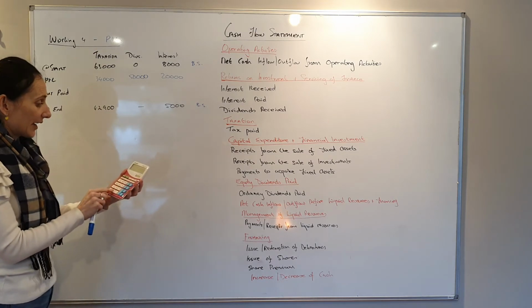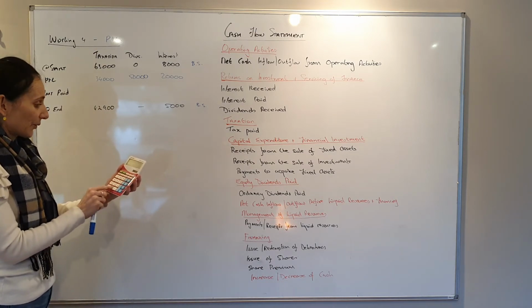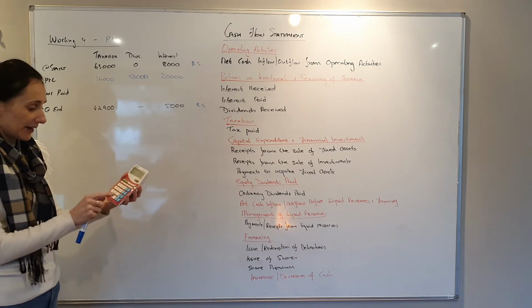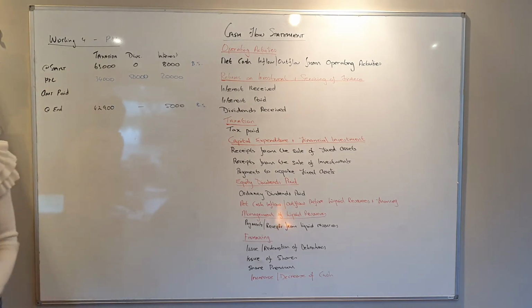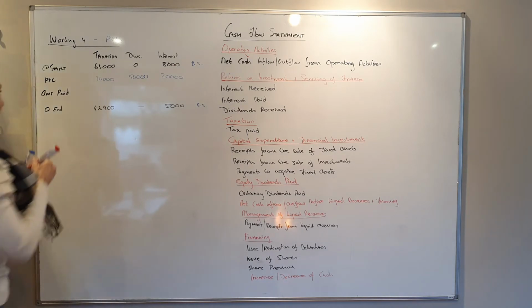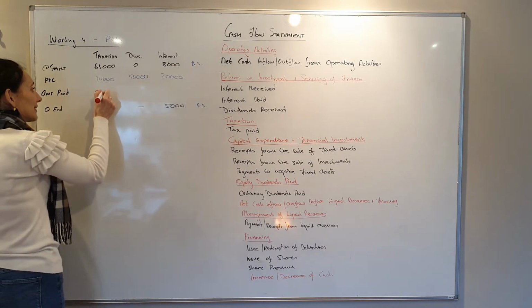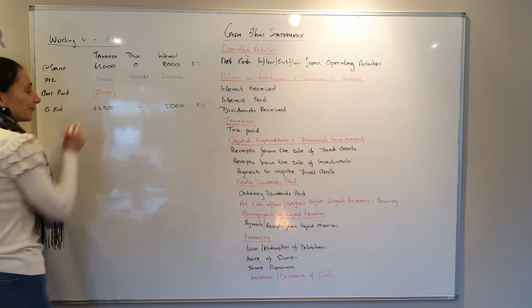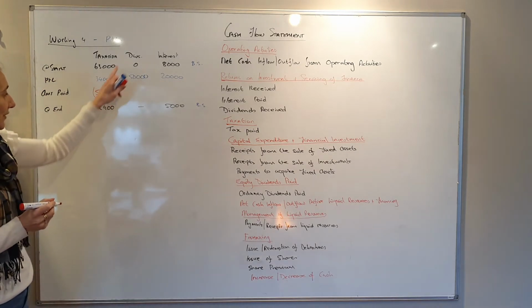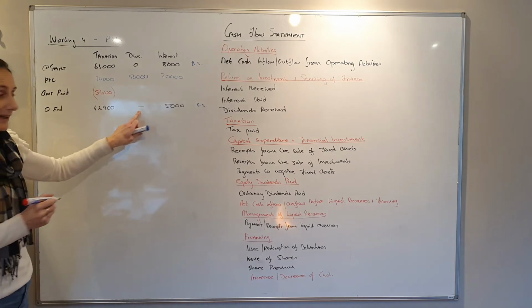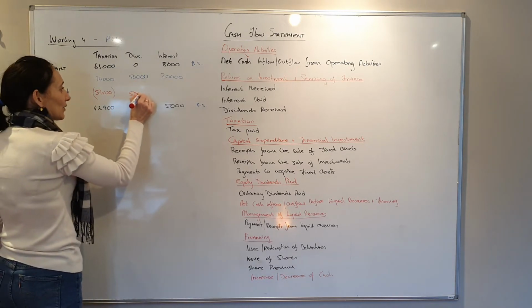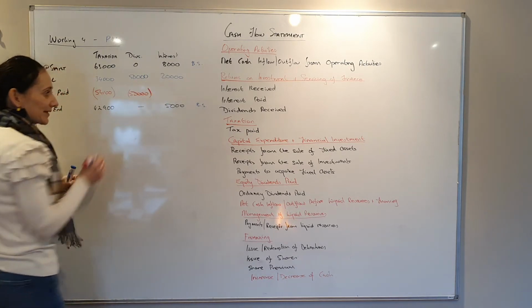You have 63,000 plus 34,000 is 97,000, but you have 42,900 left, which means you only paid 54,100 this year in tax. Okay, let's look at your dividends. You're meant to pay 50,000. You don't owe anything at the end, so you obviously paid 50,000.